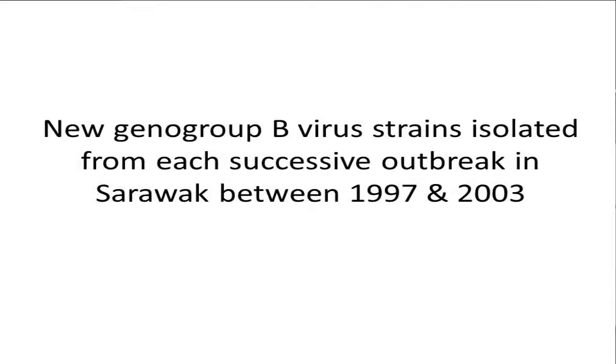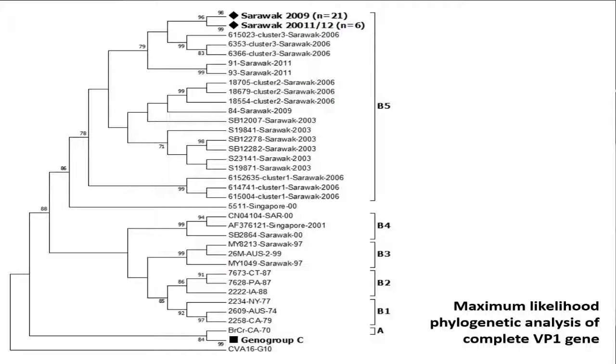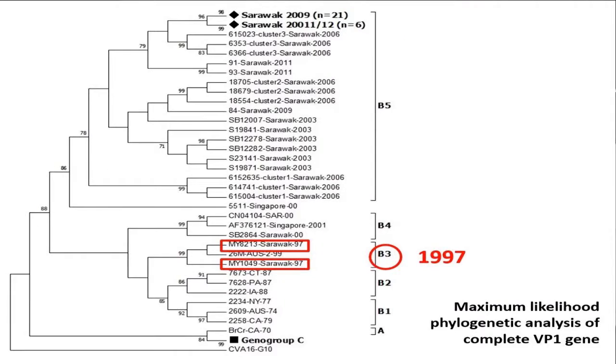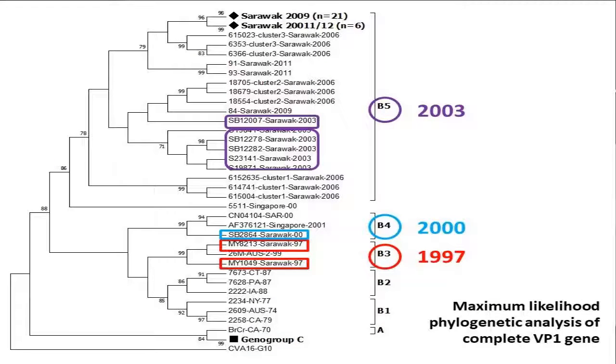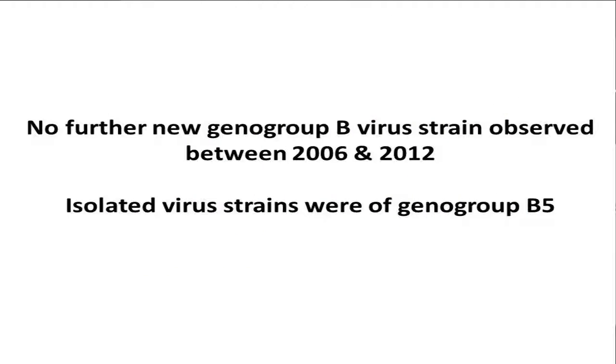So it was B3 here in 1997, it was a B4 in 2000, and in 2003, subsequently we only saw a B5. After 2003, we have only ever seen B5, but there are subtle differences in the B5s that we have seen.